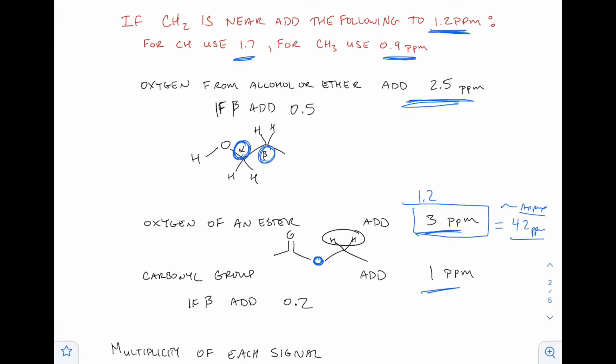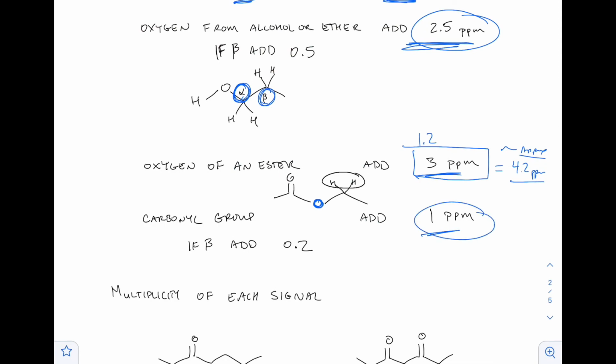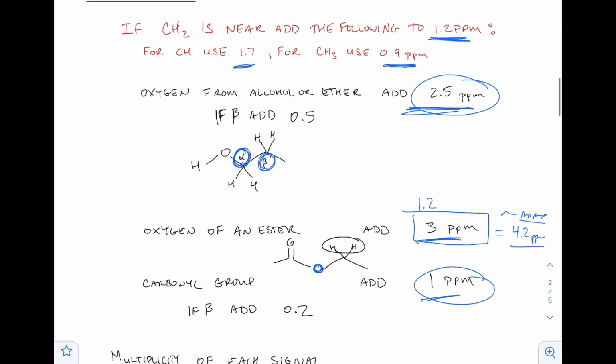The alpha is what we were adding for the 2.5, and that goes for down here too. But if it's beta to it, like if it's one extra bond over, it's farther away from that oxygen, right? So that inductive effect is not having as great of an effect on it. And so we don't add as much, and so we would add 0.5 instead, okay?